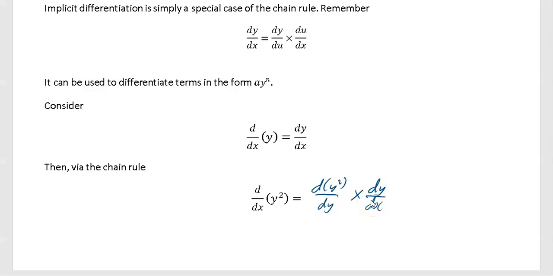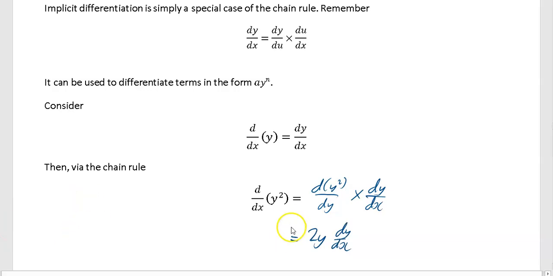It's just like cancelling down: when you multiply, that dy and that dy cancel, and that gives you the derivative of y squared with respect to x. So what do you get if you differentiate y squared with respect to y? You get 2y dy by dx.